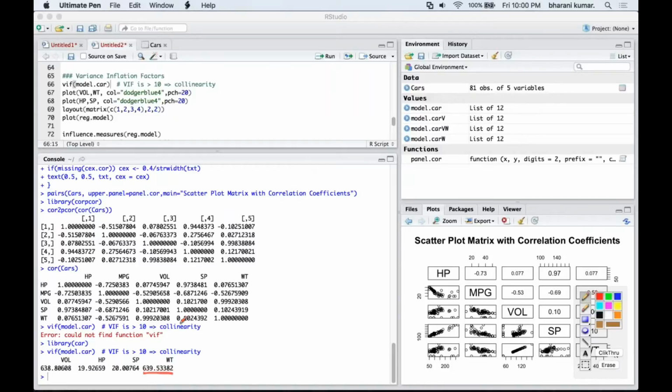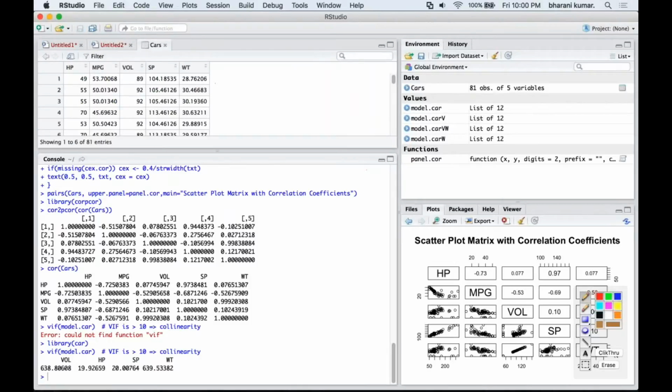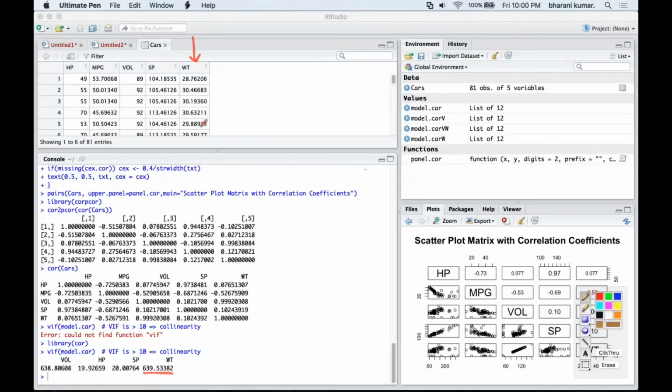Before deleting any observation or any variable, first we need to check whether you can delete one of these 81 entries. So notice clearly, if I delete this weight, I would get rid of how many rows? 81 rows, because we have 81 rows. This entire 81 rows for weight is gone.